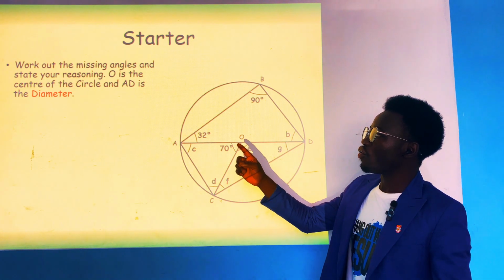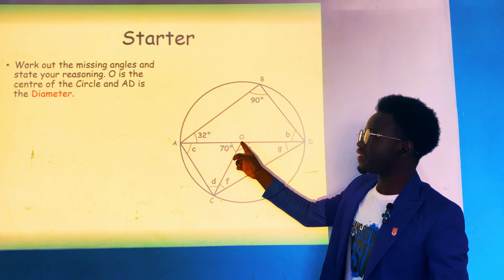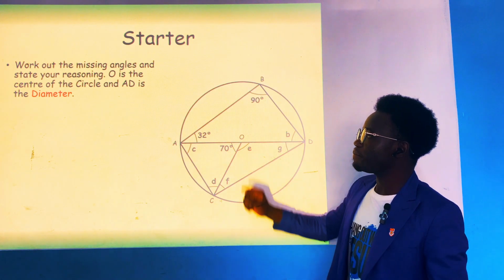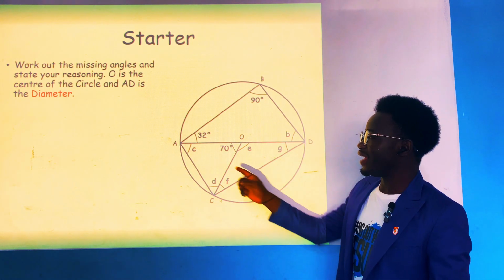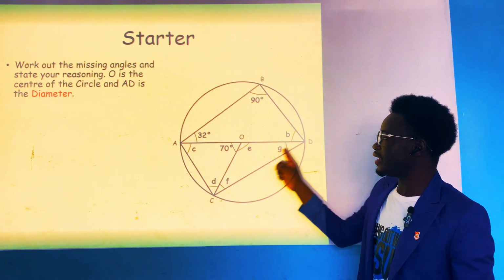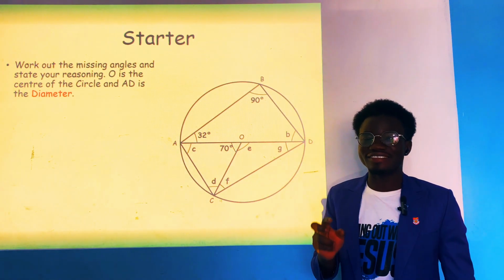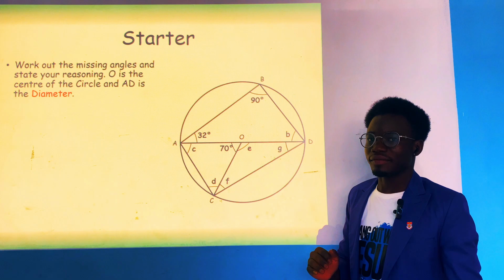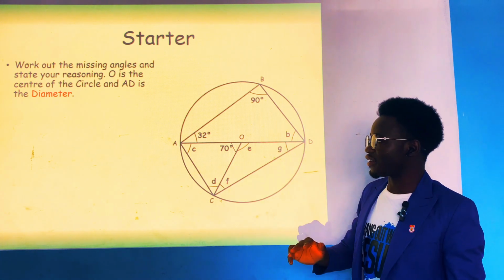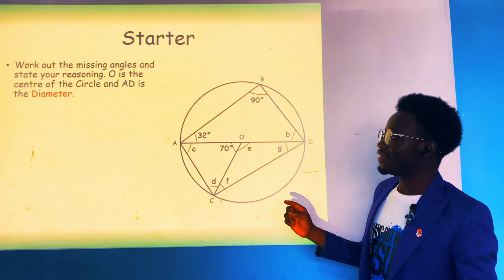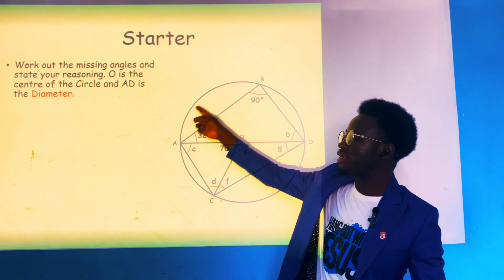So it says O is the center. O here is the center of the circle, and AD is the diameter. The diameter divides the circle into 2 equal parts, making 2 semicircles. Okay. And then we have a complete circle.